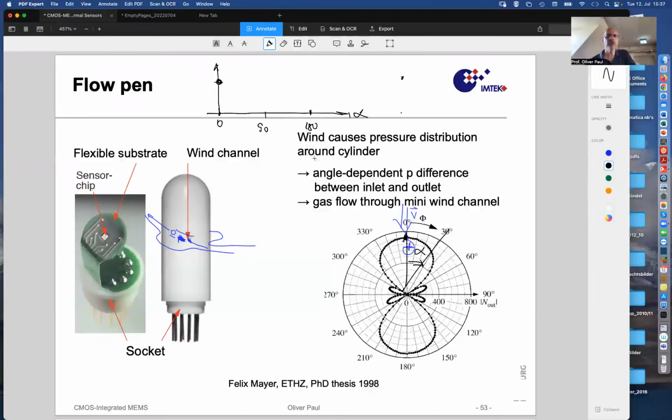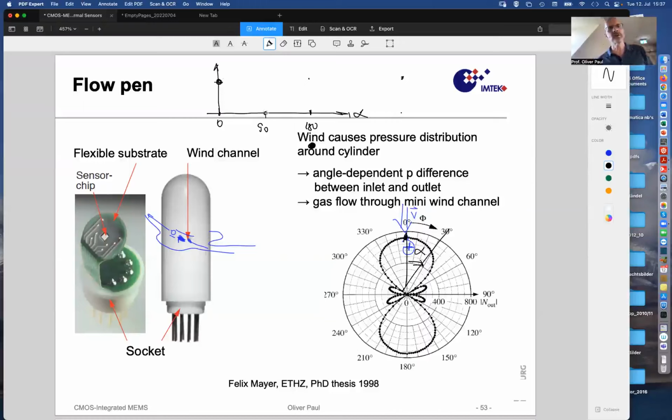But anyway, at 180, we definitely expect a value at the same position, but negative. There's no doubt about that. So my expectation was that if we turn the sensor around by 180 degrees, the wind blows the other way directly through the channel, and then we have the negative signal.